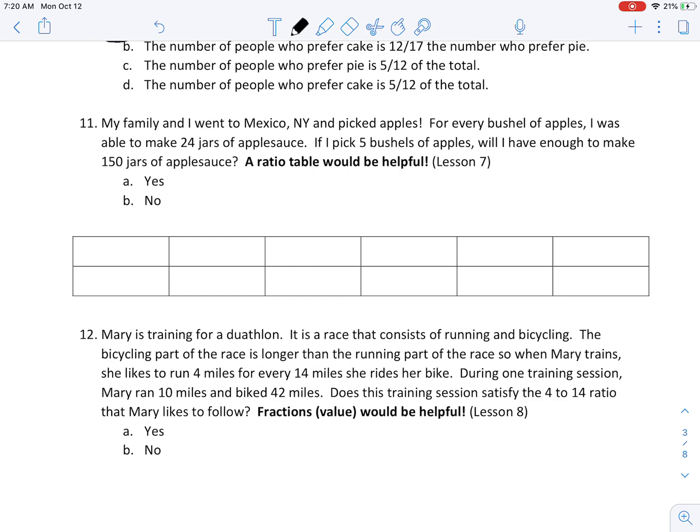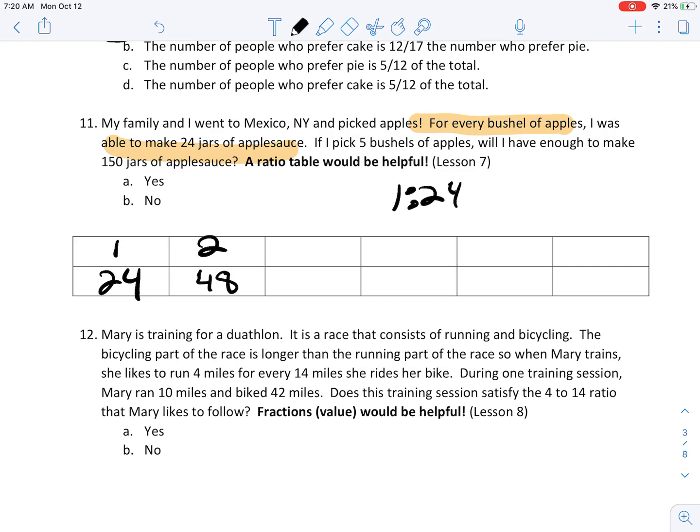Halfway there. My family and I went to Mexico, New York, and picked apples. For every bushel of apples, I was able to make 24 jars of applesauce. If I pick 5 bushels of apples, will I have enough to make 150 jars of applesauce? So our ratio here is 1 to 24, because for every 1 bushel, he makes 24 jars of applesauce. So I'm going to write that, 1 to 24, and I'm going to complete my table.